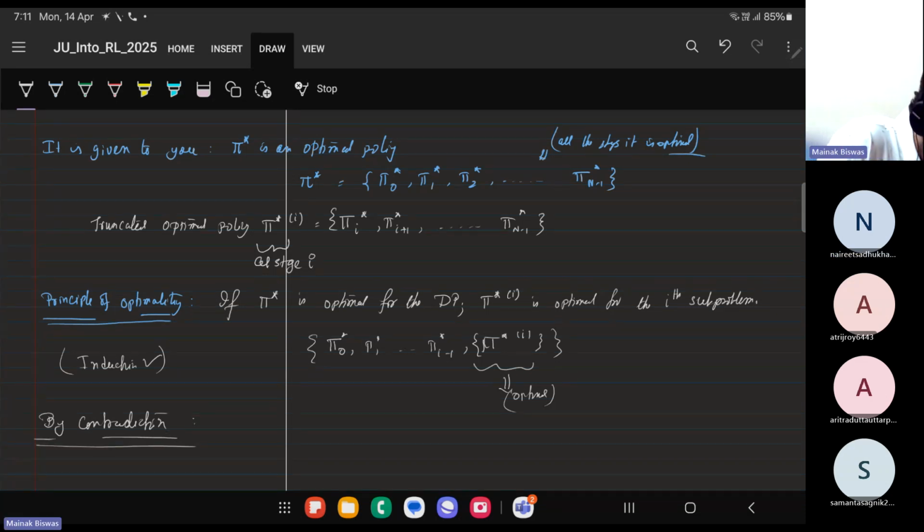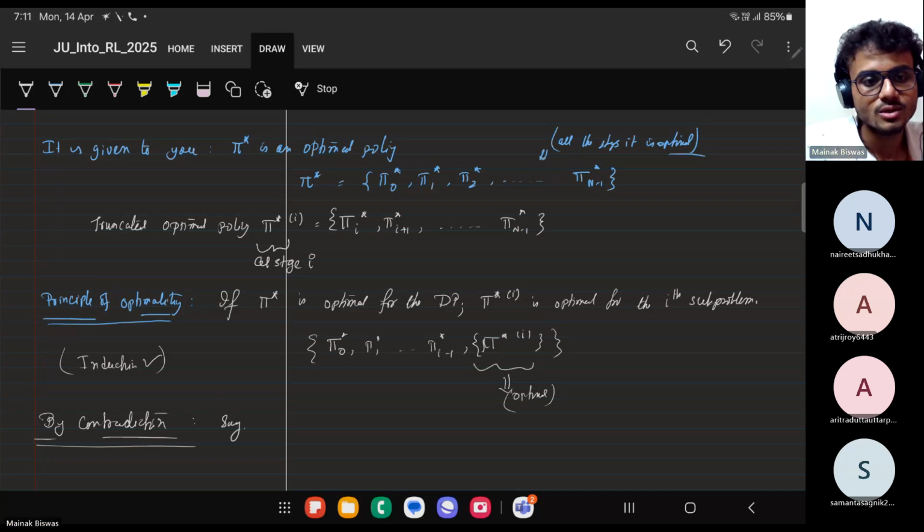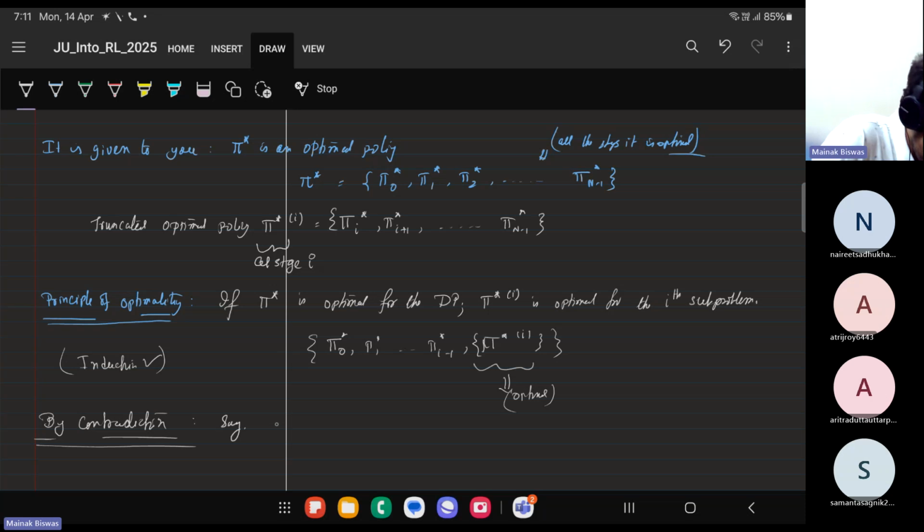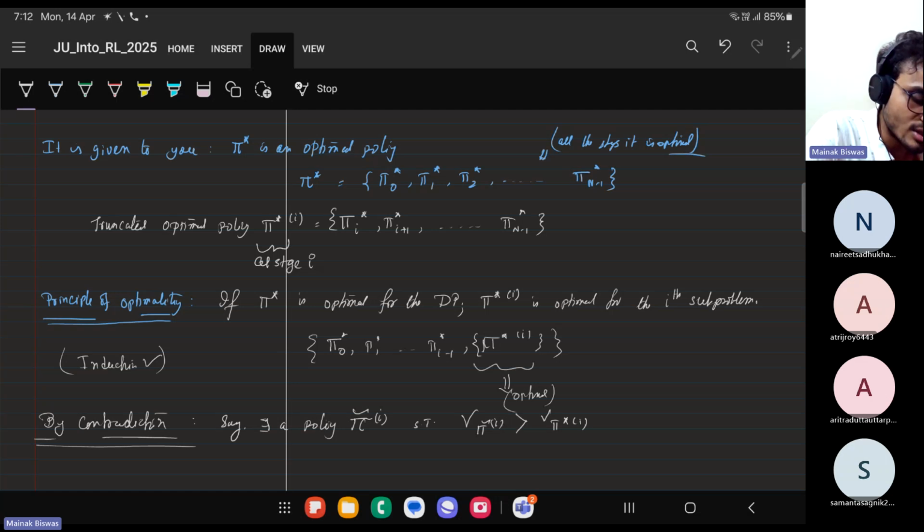Okay. Whenever we are trying to contradict a statement, what do we have to assume? Say there exists a policy pi tilde of I such that V pi tilde is greater than V pi star I. This is what we have to assume, that there exists a better policy.